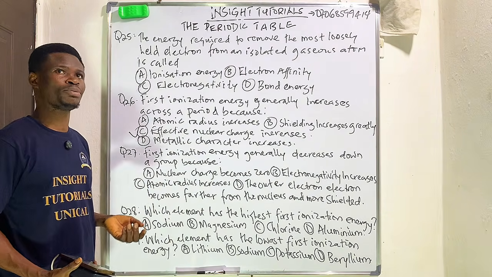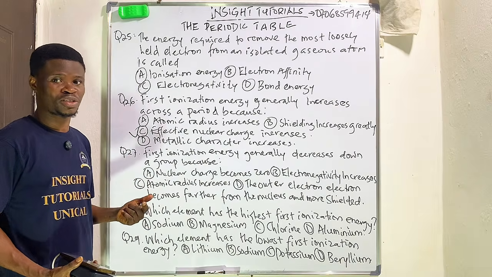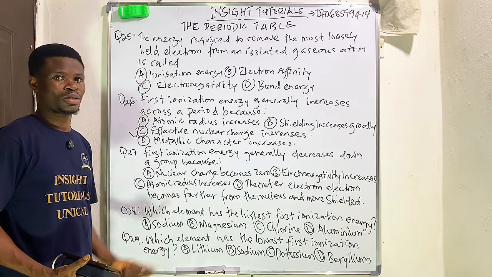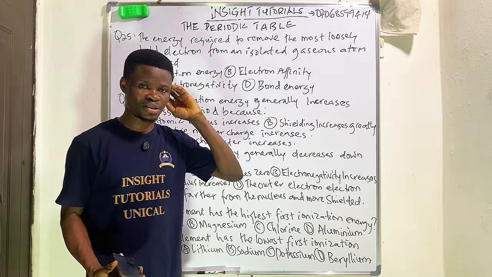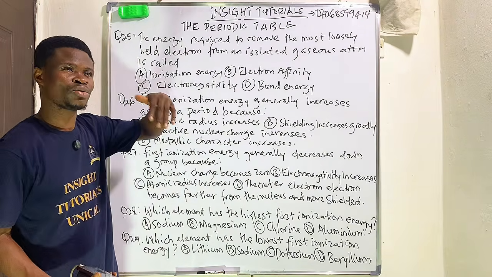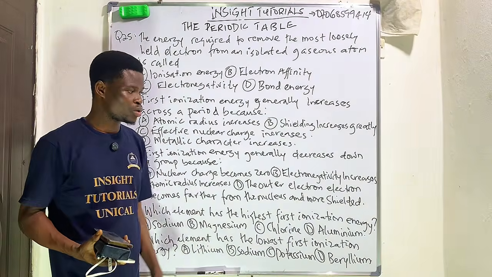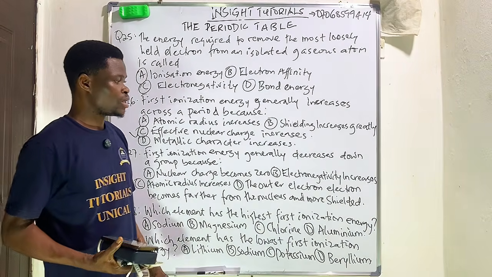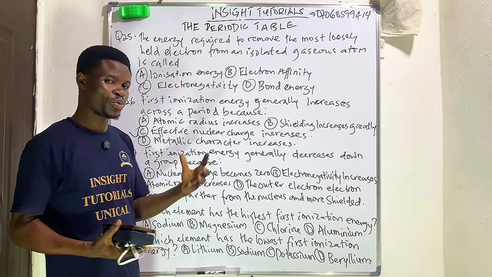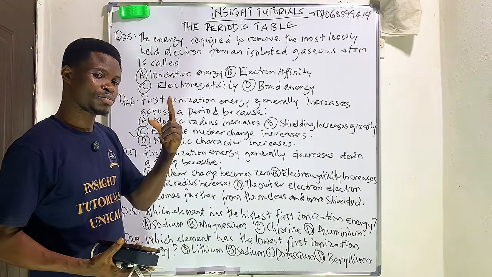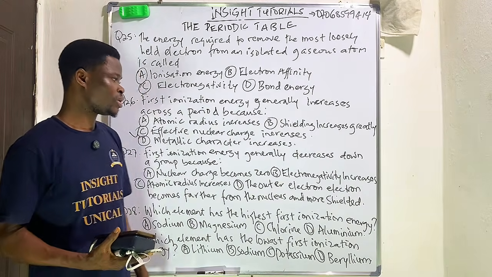Now, take for example rubidium. Rubidium is more electropositive than potassium in the same group. Let's also look at electronegative elements, for example group 17. Fluorine, which is at the top, is more electronegative than the elements down that group.